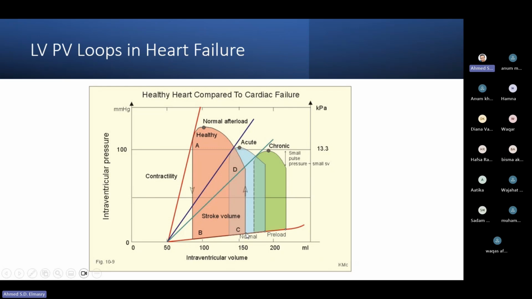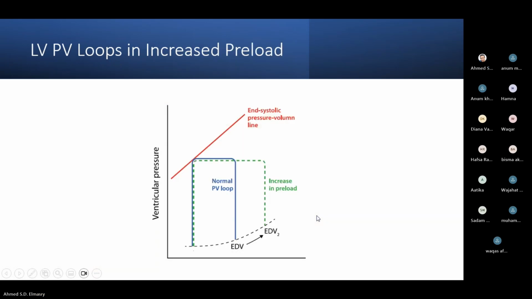Here, for the normal patient, it is at this point. In acute heart failure, it has been shifted to the right, and in advanced heart failure, it has been shifted to the right more and more. So this patient is having a drop of cardiac function, and also has increased preload, which might lead to flash pulmonary edema and pulmonary congestion.